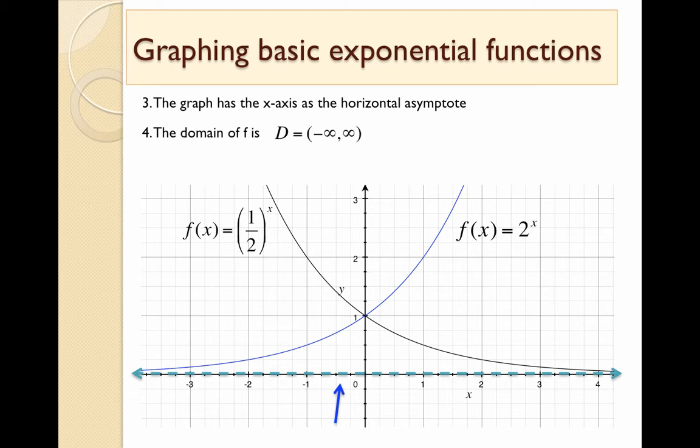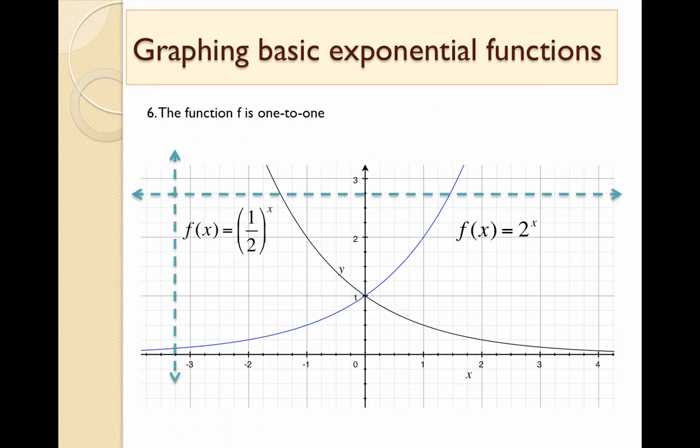The domain of all of these exponential functions, -infinity to infinity, so x can be any value. The range, you can see again, we're not going to cross down into the negative coordinates. There's no way that you're going to generate a negative value from these exponential functions as they're written here.